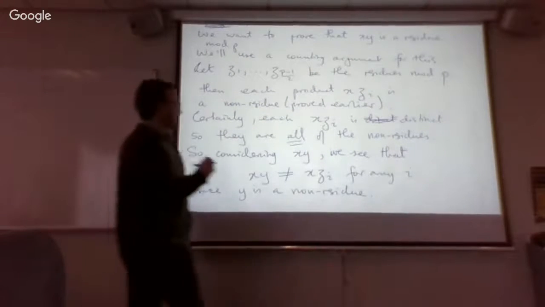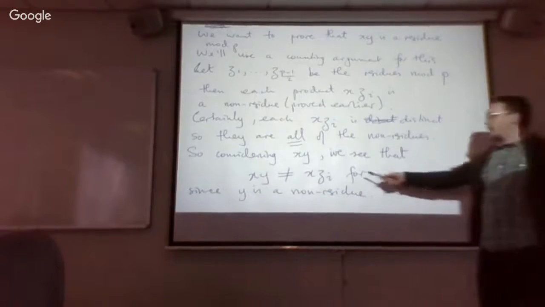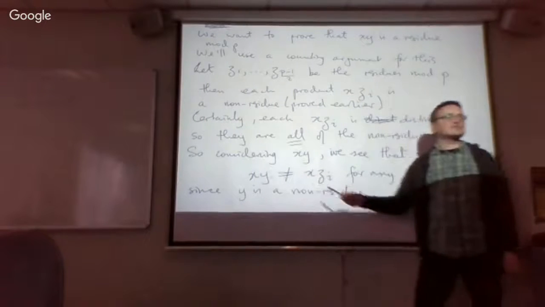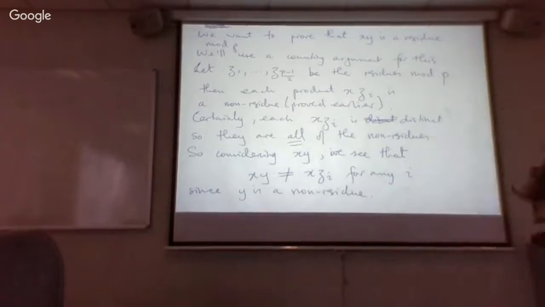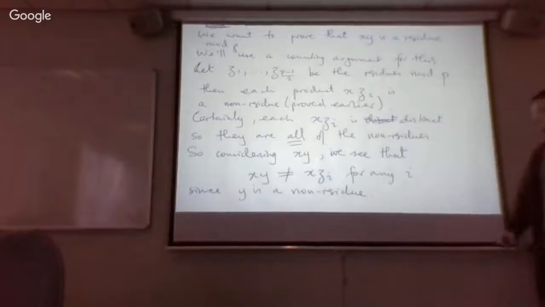See, y is a quadratic non-residue, so it can't be that x times y is equal to x times the zi for any of the i's, because if that were the case, you could just cancel the x's, but then you'd be saying that y was one of the residues.